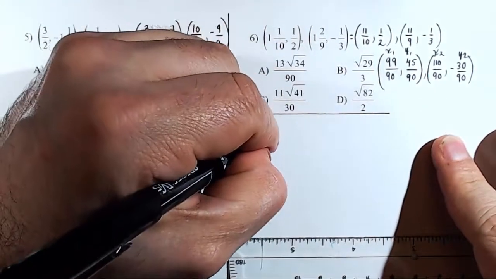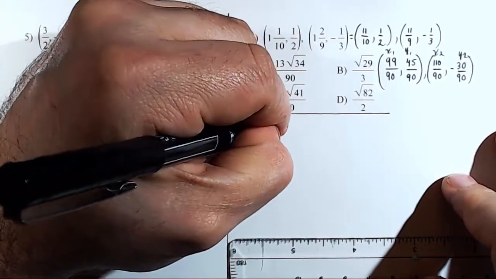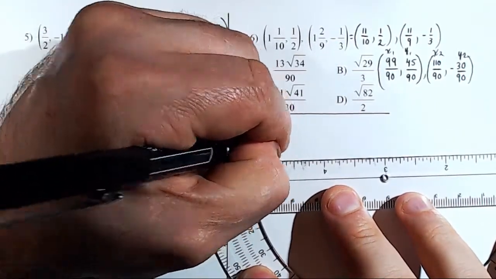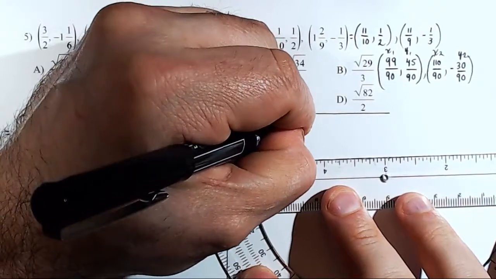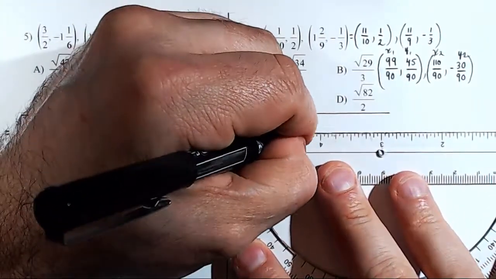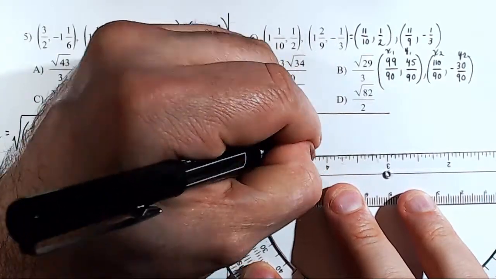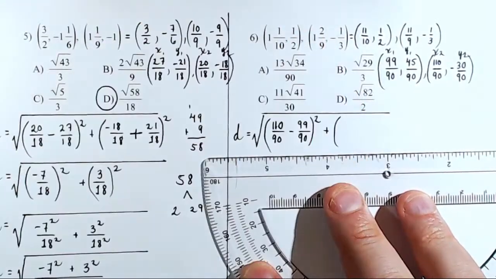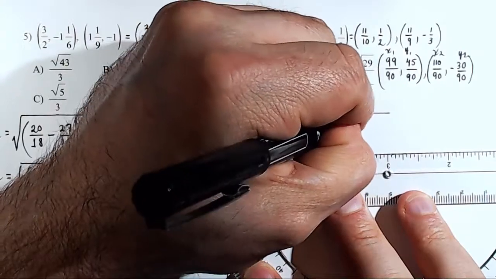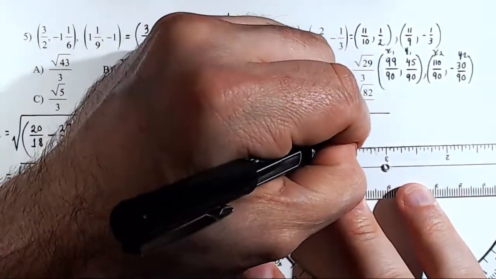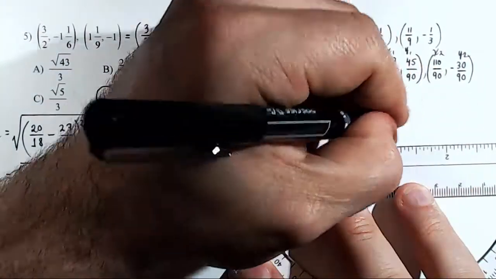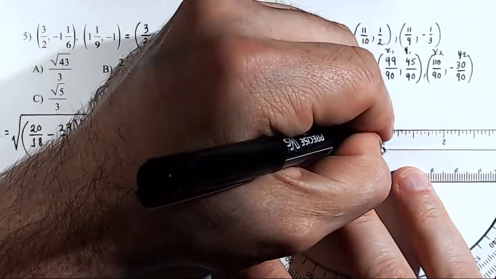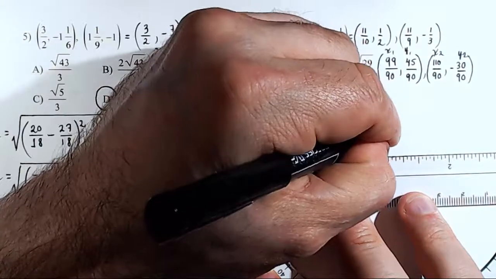So x2 minus x1 squared, open parentheses here, 110 90ths minus 99 90ths squared, plus y2 minus y1, negative 30 90ths minus 45 90ths squared.